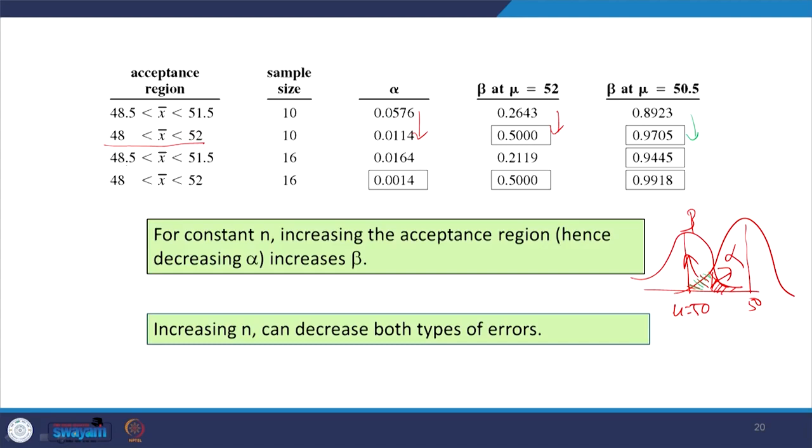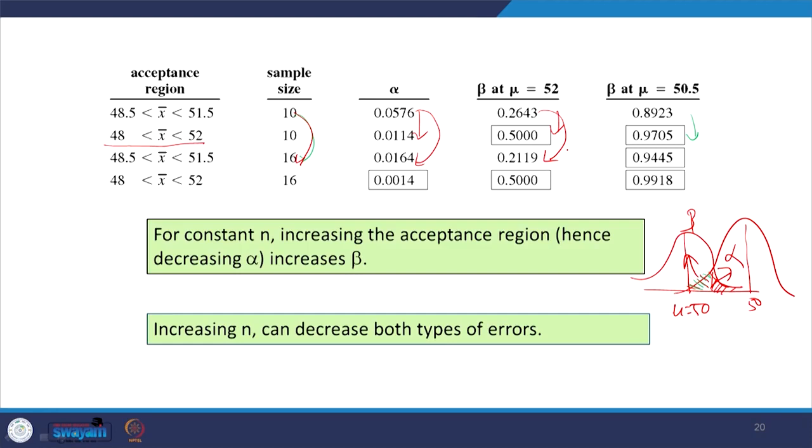For the same region, when you increase the sample size, the alpha value is decreasing. Initially alpha value is 0.05, now it is 0.01. Look at beta also: initially it is 0.26, now it is 0.21.